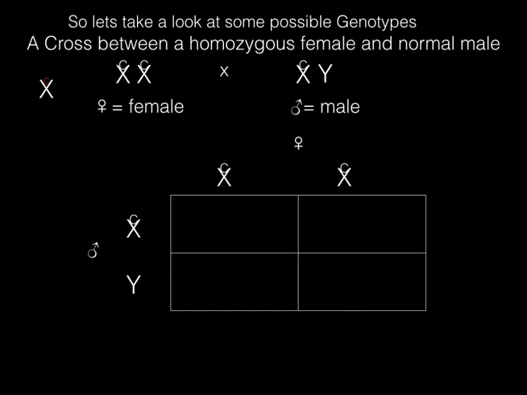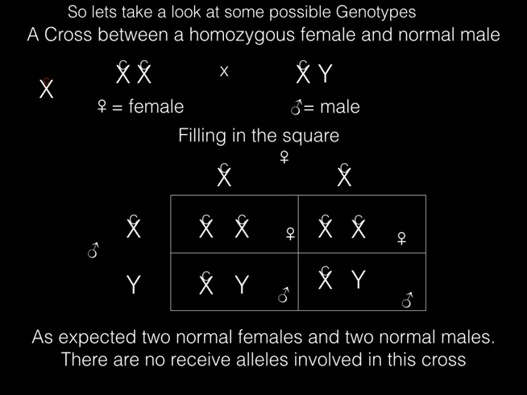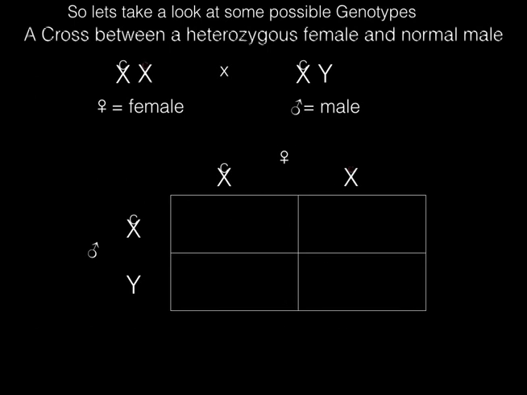We put the gametes on the Punnett square, females on the top and the male on the side, and we fill in the square. Of course, there are no colorblind genes in this group, so we get two normal males and two normal females.